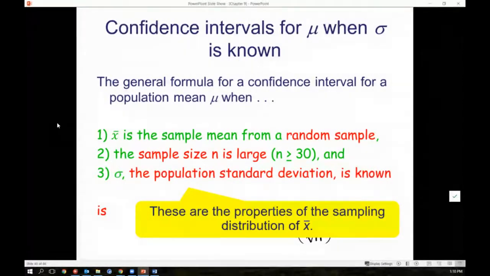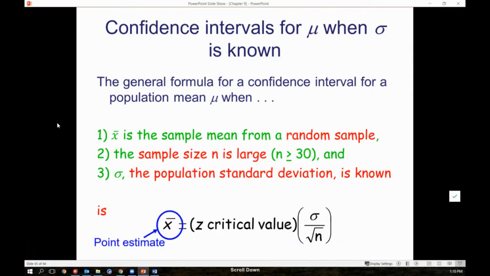And this interval is appropriate even when n is small, so long as it's reasonable to think the population is normal.